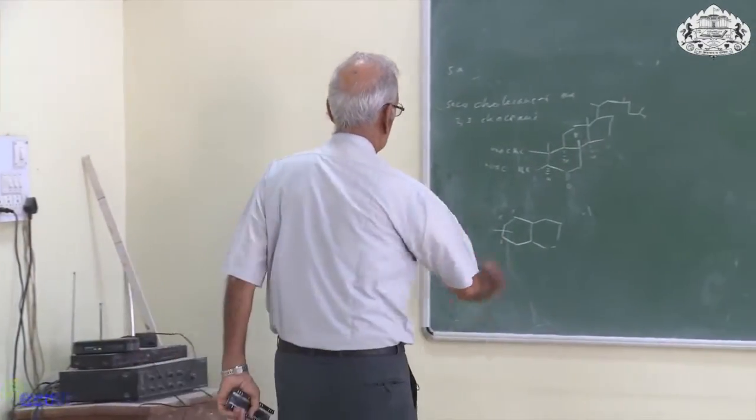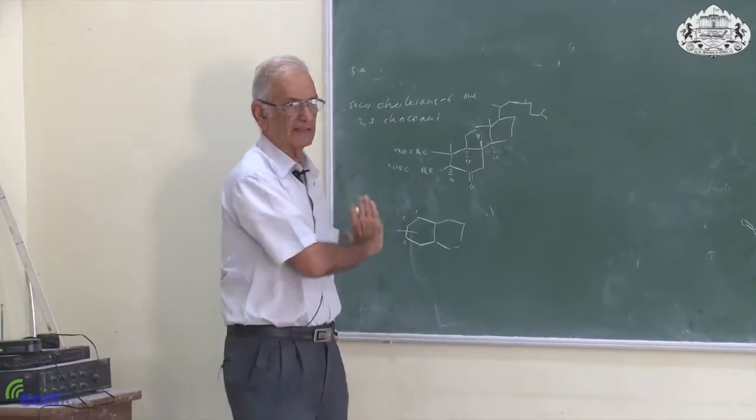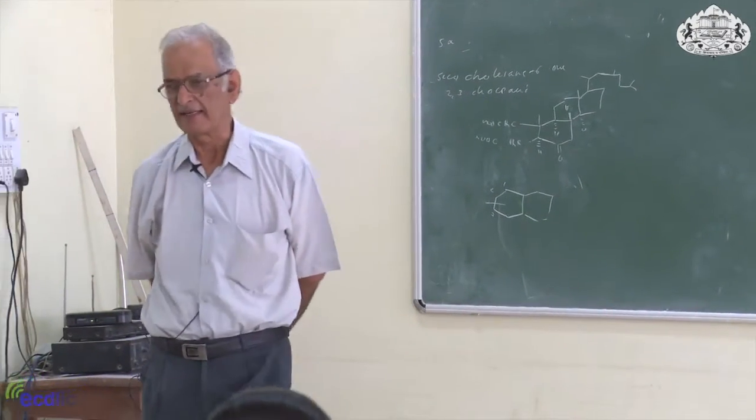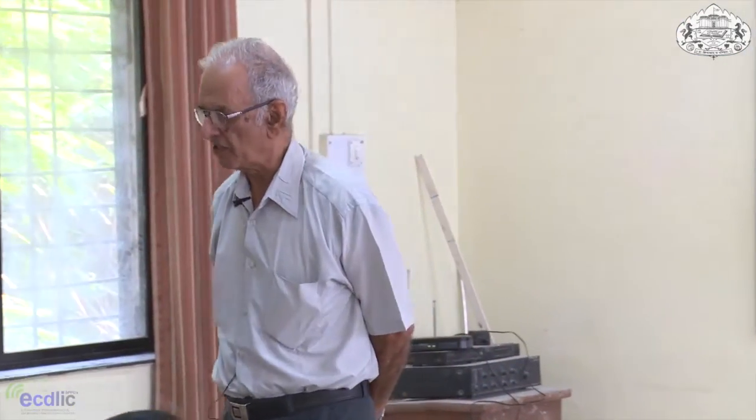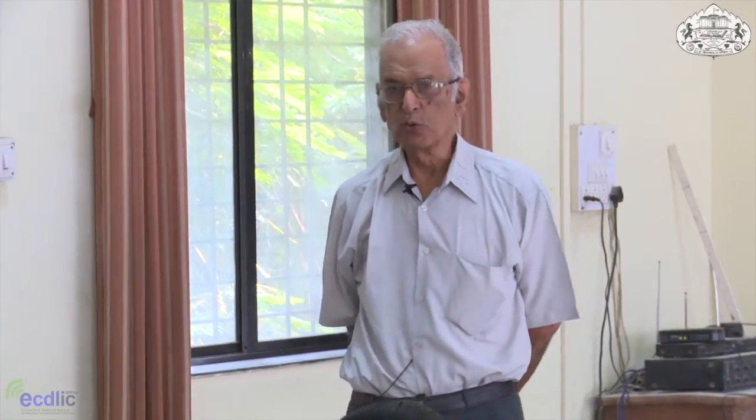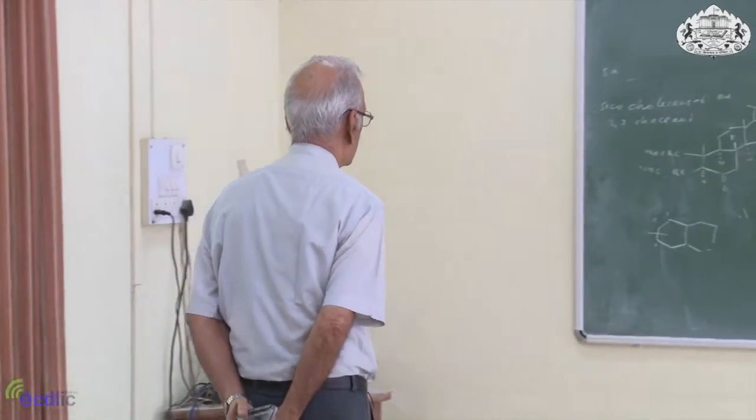Why choose this compound? Number 1, as it is a steroid, absolute configuration is known. What is known? The 5-membered ring is always on this side, ring A is always on this side. So, absolute configuration is known. Number 2, conformation is known because it is a trans anti-trans system, so conformation is known.